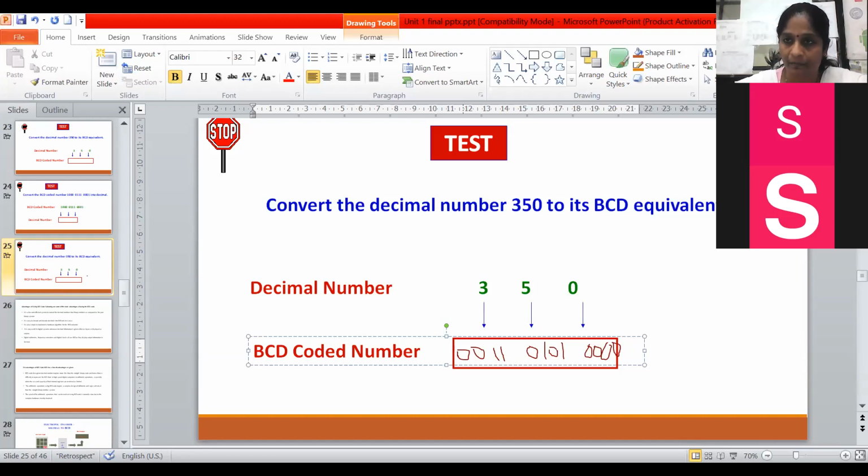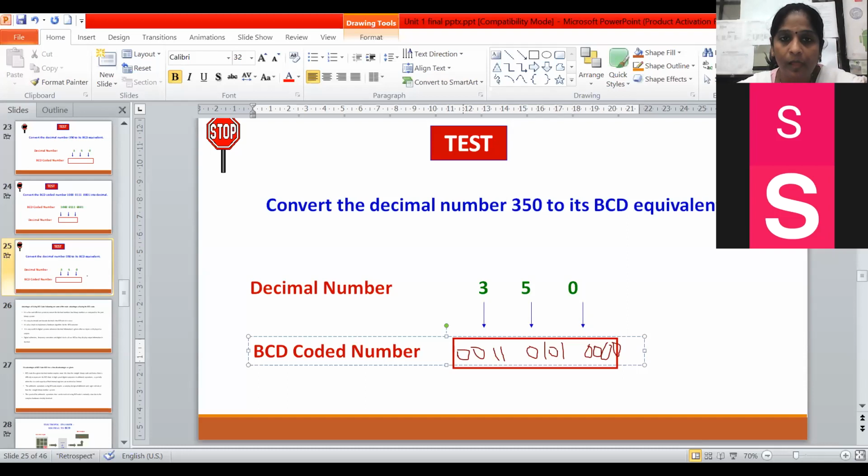BCD is a 4 bit number system. We can say 8421, that is 4 bits. Another, the opposite procedure of it. I will give a binary, म्हणजे binary चा form देणार आहे. You're supposed to write it in terms of the decimal number system. डेसिमल मध्ये सांगा मला. 0011 1100 1010 1011.